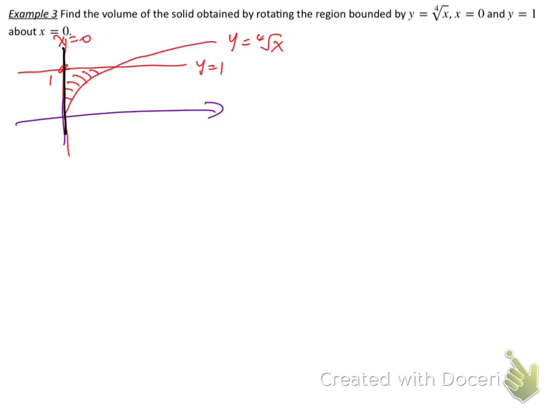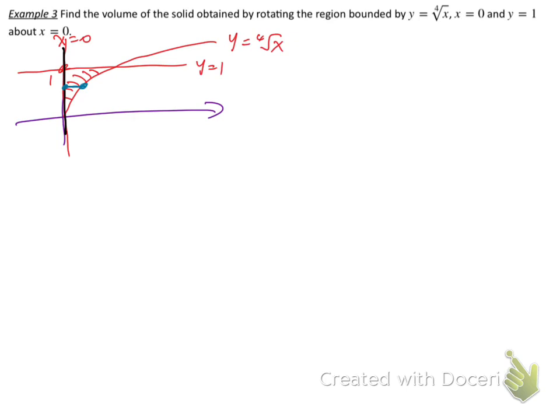I draw a perpendicular line to the line of rotation, and it will meet my region at 2 points. This time one of the points is on the line of rotation. So instead of having a washer, actually I'm having a disc.